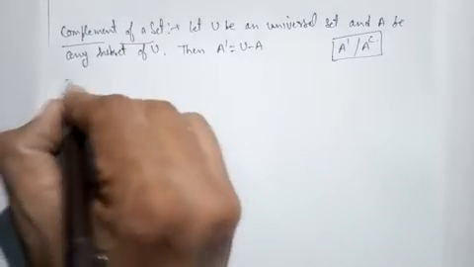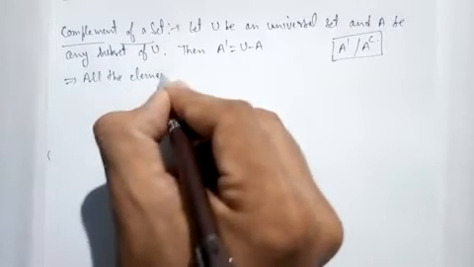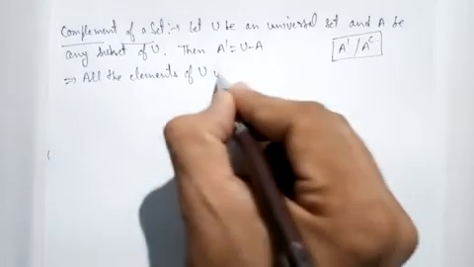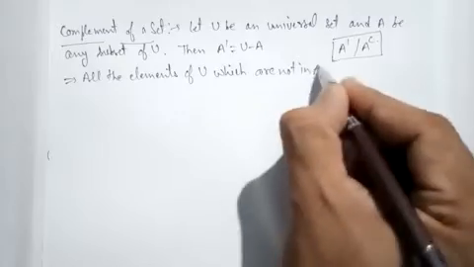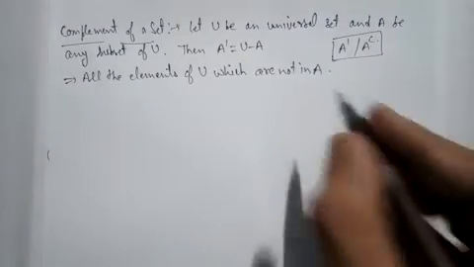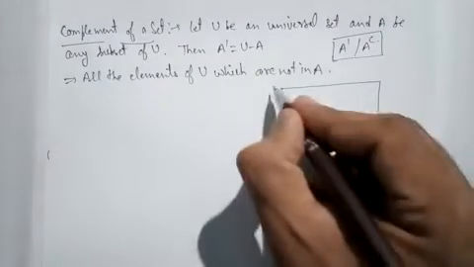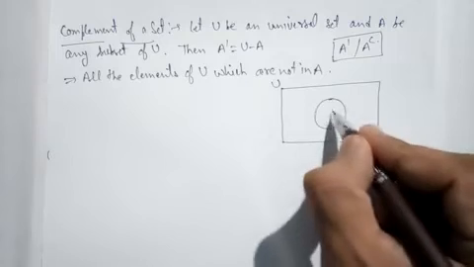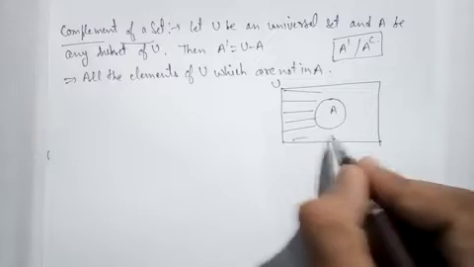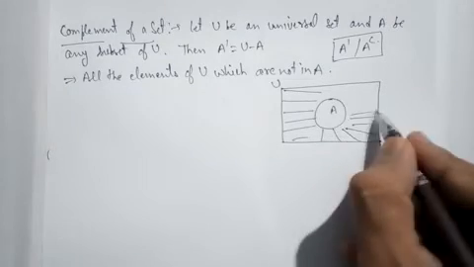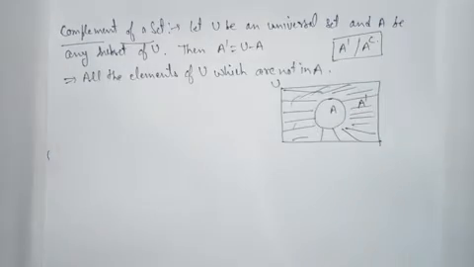It means all the elements of U which are not in A, which is the complement of set A. If we represent it by a Venn diagram, this is U and this is set A, so its complement is the exterior points of A. This represents A complement.